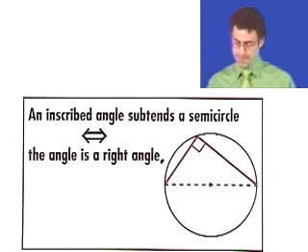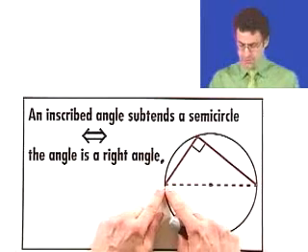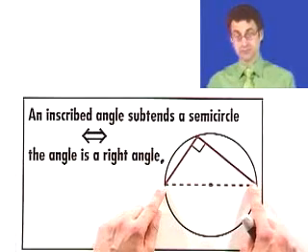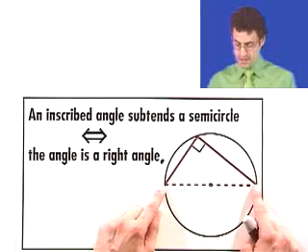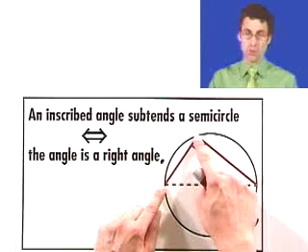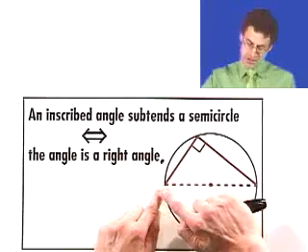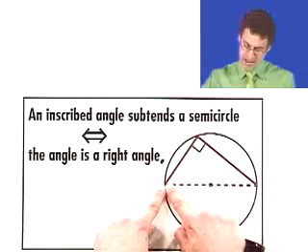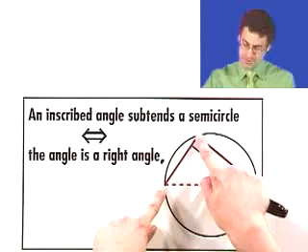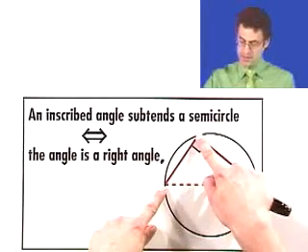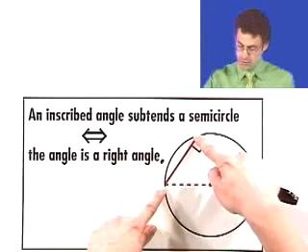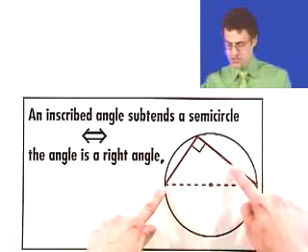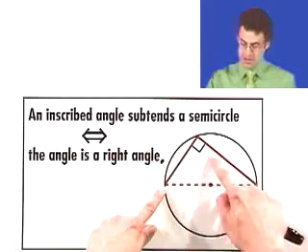Let me show you. Bottom line, if you put in a diameter somewhere, anywhere at all in a circle, and you pick any point you want on the circle, and you produce the two chords, one from one end of the diameter up to that point, and the other from that point out to the other side of the diameter, then you have produced an inscribed angle.